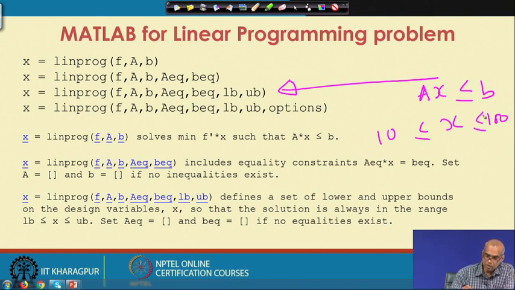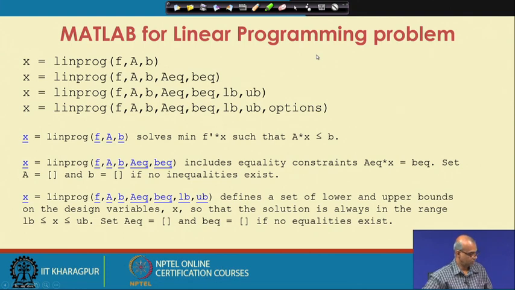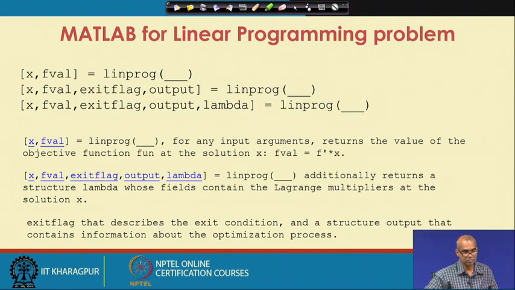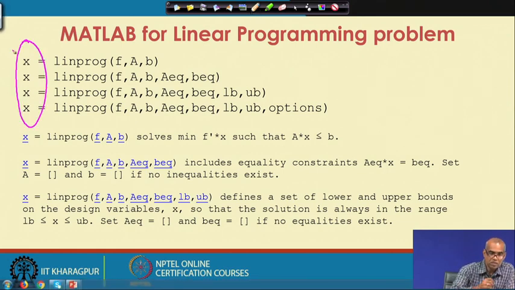So, what we can do is, we can put these two as null matrices. Similarly, here, this x is the solution to the problem.